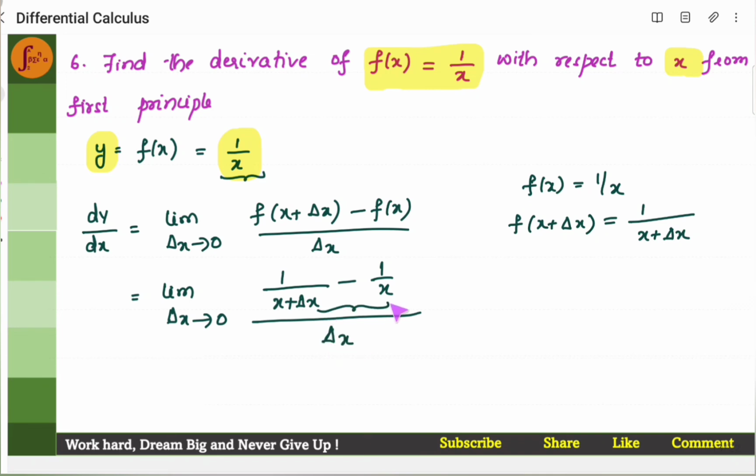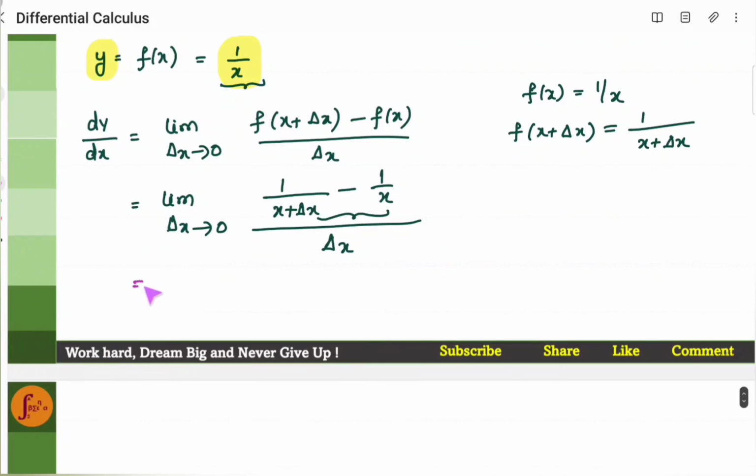Now let me take the LCM here. If I take the LCM, what will it be? It will be x plus delta x into x. Now to get this denominator, what should I do here? I should multiply x plus delta x with x, so I multiply the numerator with x.